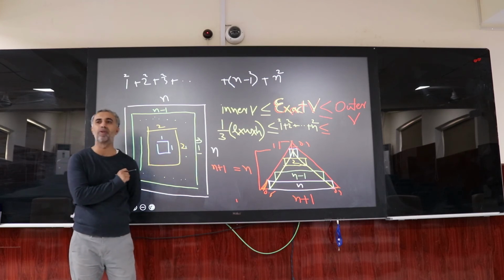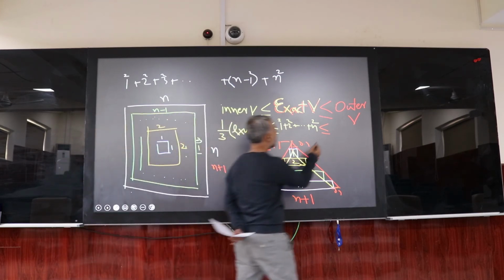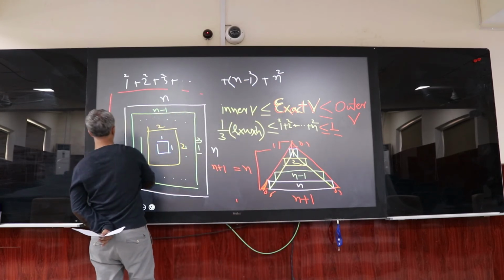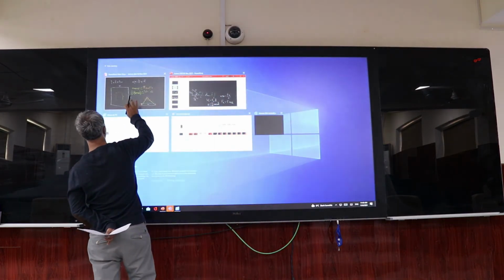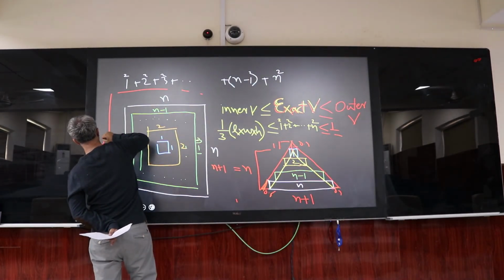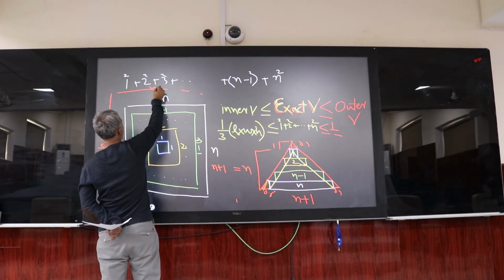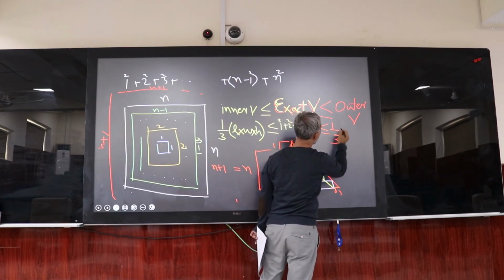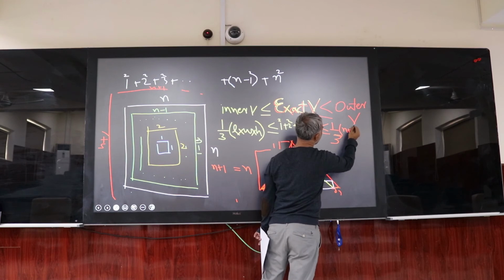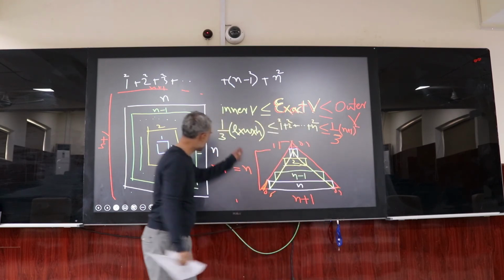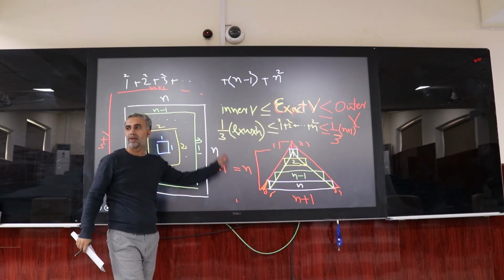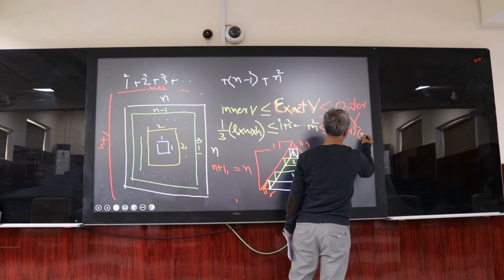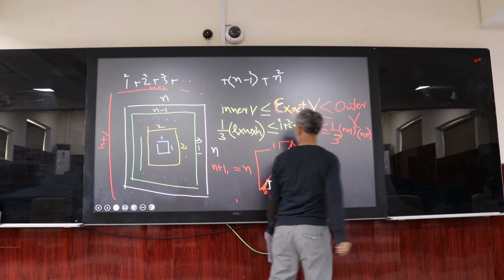Now it is again the volume of a cone. So we will write 1/3, and here n plus 1 squared, of course n plus 1. The other one is the height side, the third dimension, so it's n plus 1.